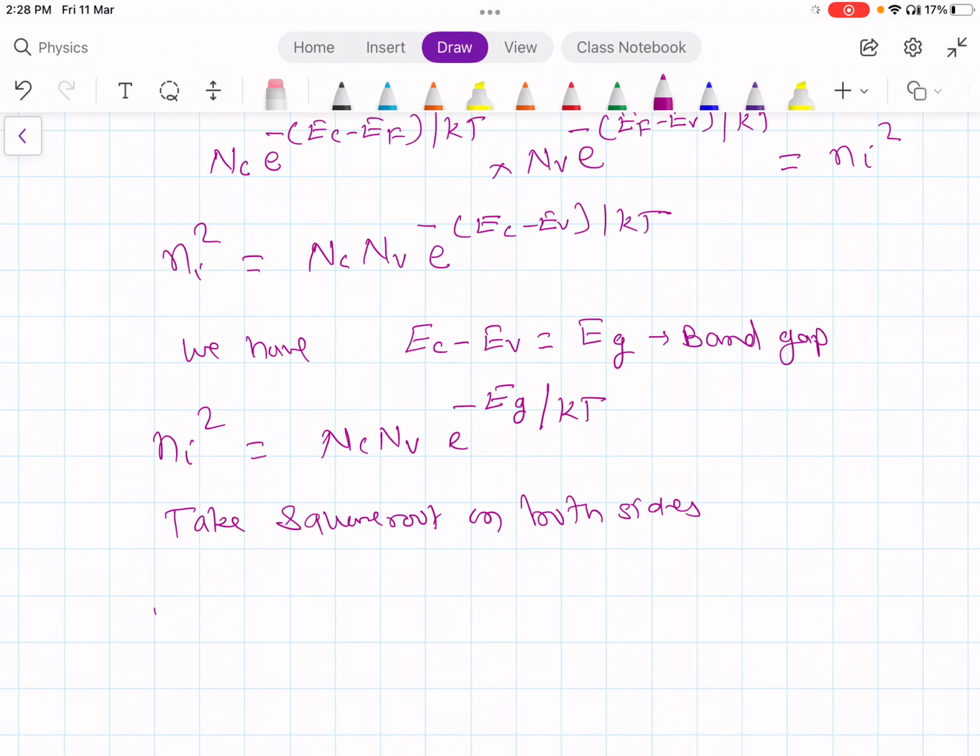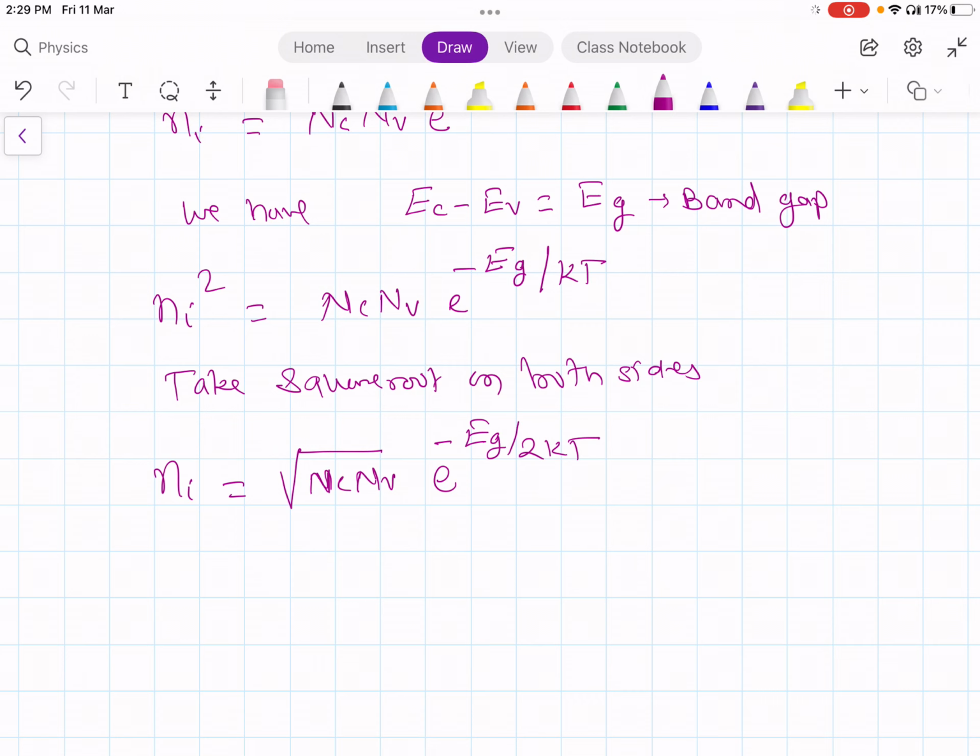Then we get ni is equal to square root of Nc into Nv into e raised to minus of Eg upon twice kT.